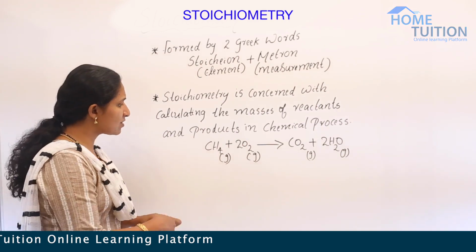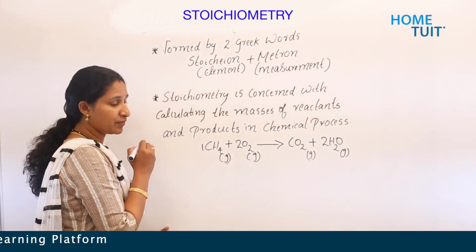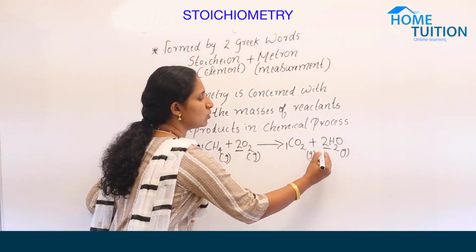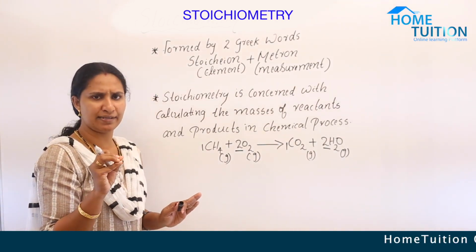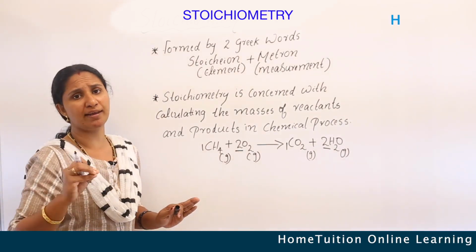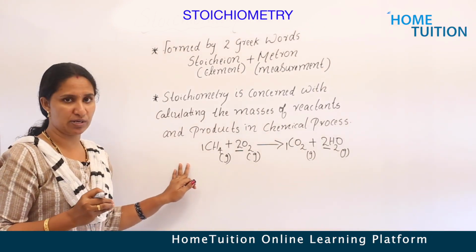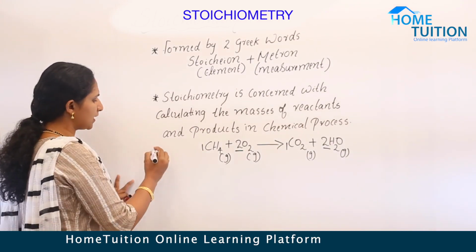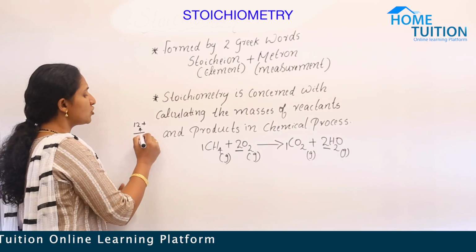Here no coefficient is written, but we consider it as 1. And here the coefficient is 2, here 1, here 2, and these are called stoichiometric coefficients. That is, the coefficients obtained in a balanced chemical equation are called what? Yes, stoichiometric coefficients. Here we can say the molecular mass of methane: carbon atomic mass 12 plus 4 hydrogen atoms, 16.